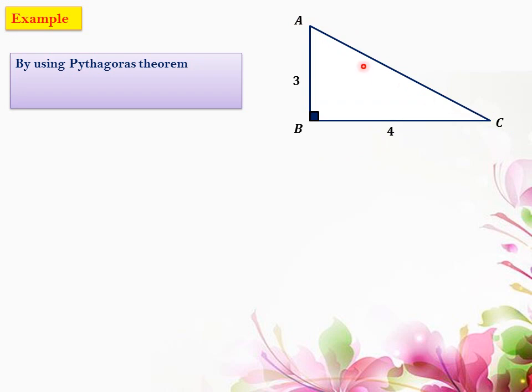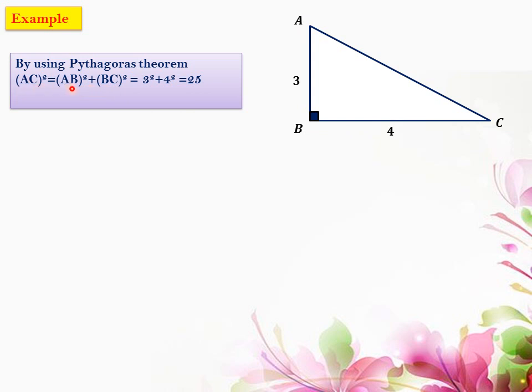From Pythagoras theorem, we can get the side AC. AC square, or the hypotenuse square, equals AB square plus BC square.